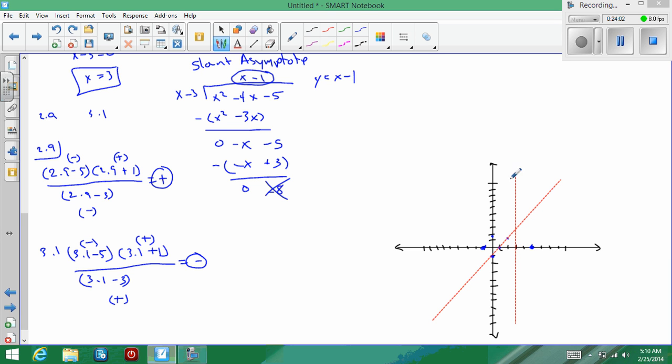And I tested the value to the left is positive, and I tested the value to the right of the vertical asymptote as negative. So I actually have points in both of these areas. Just like in your regular graphing with a horizontal asymptote, I'm not going to have a graph on the top of this area and on the bottom of the slant asymptote.